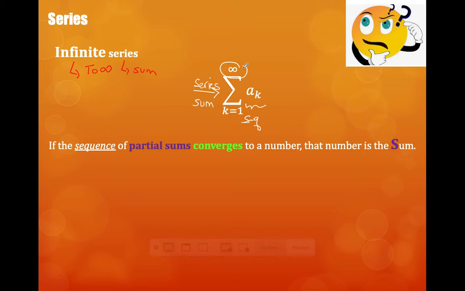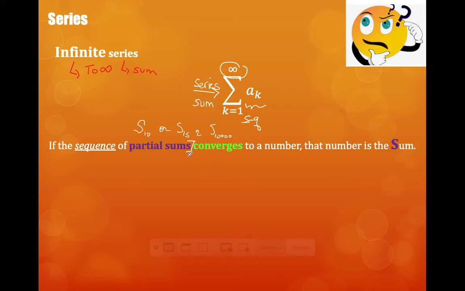So here is the theory behind this. Don't worry, don't freak, just be calm. If the sequence of partial sums, so partial sums means the sum of the first 10, or the sum of the first 15, or even the sum of the first 1 gazillion. Those are all partial sums, meaning you stop somewhere.